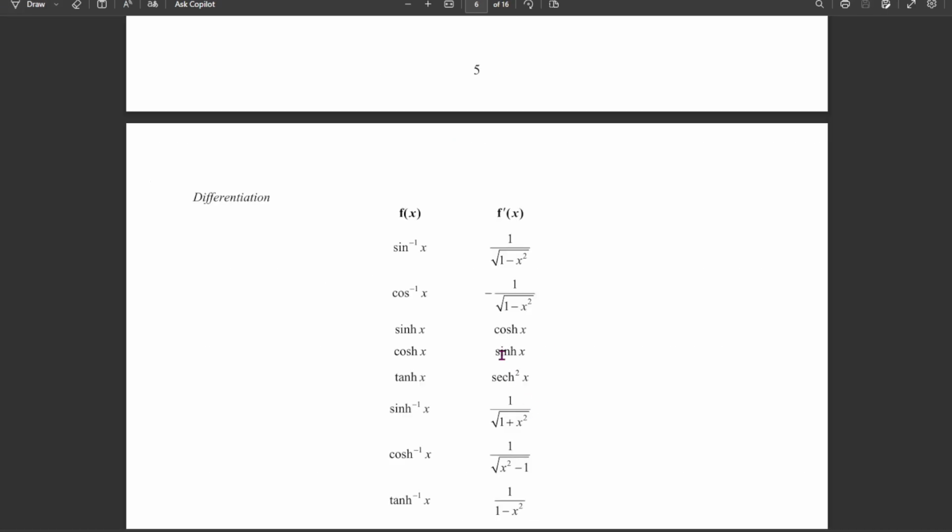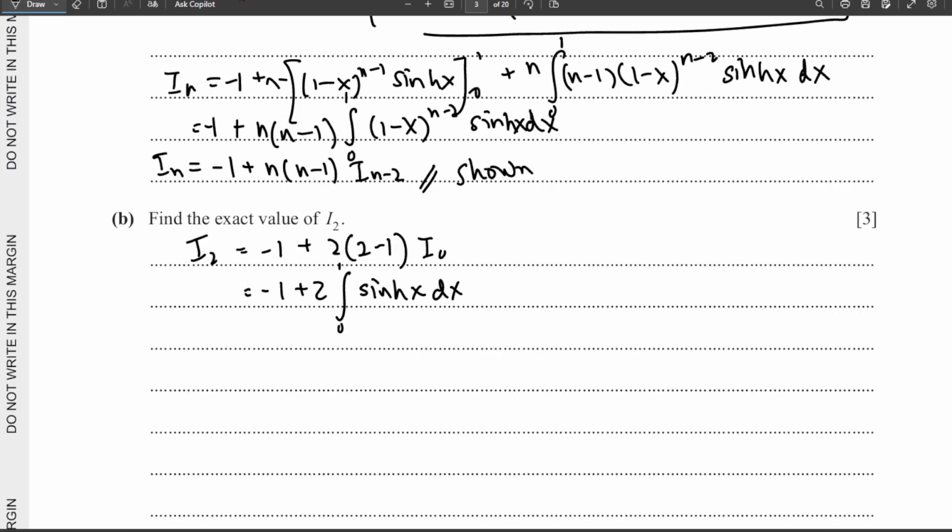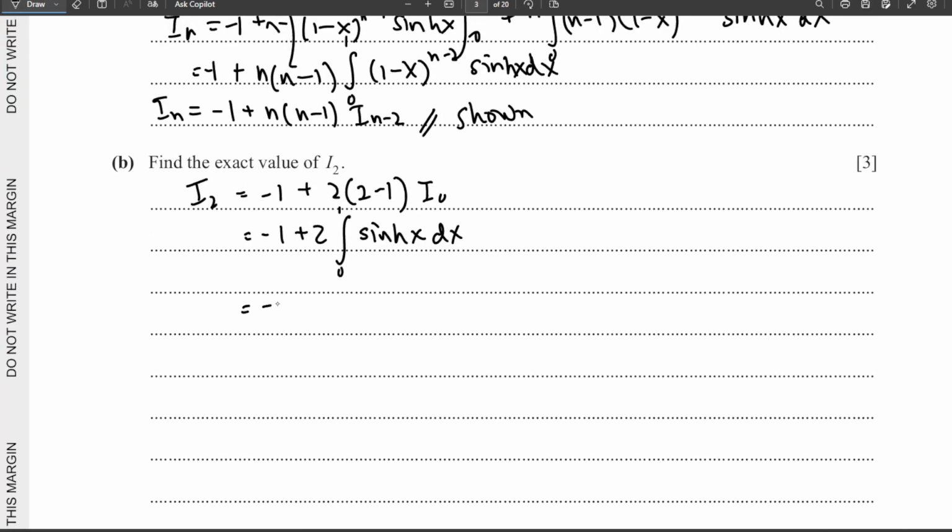And the hyperbolic sine function, we know it integrates to hyperbolic cosine. So we have hyperbolic cosine from 0 to 1.